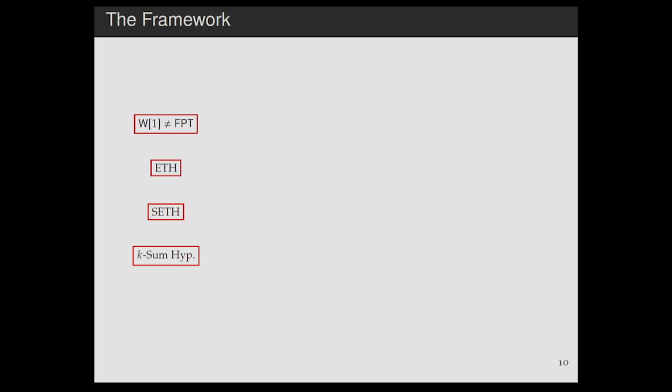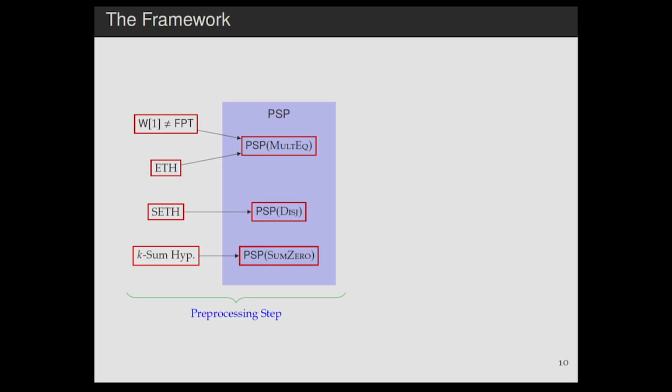So let me describe the framework, at least the way I view it, quickly. You start from the hardness assumption that you like. It could be SETH, ETH, K-sum hypothesis, or W1 hardness. Okay, and in the first step, we will rewrite it in terms of what we call a product space problem.